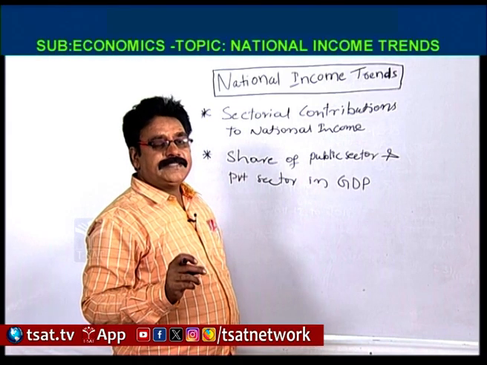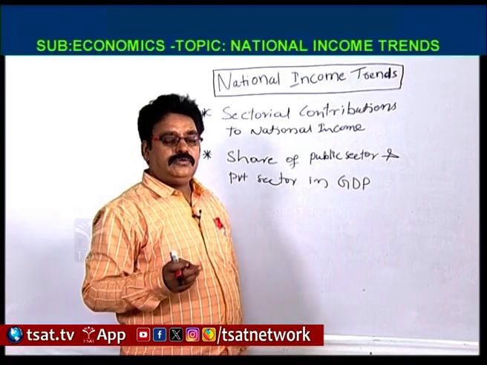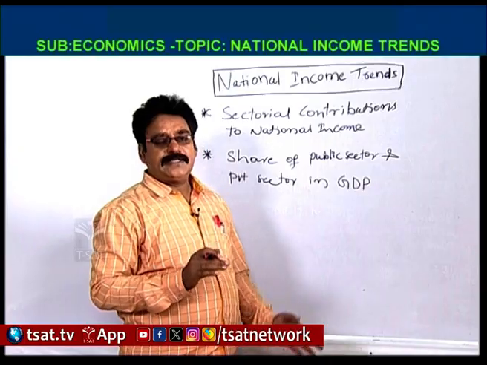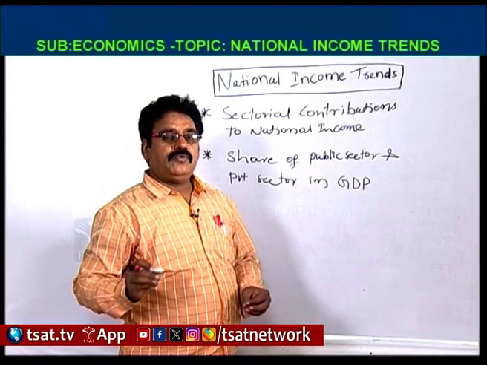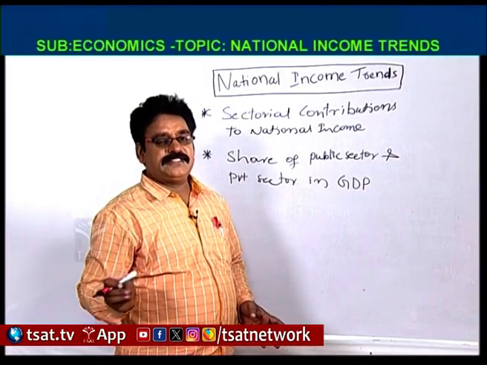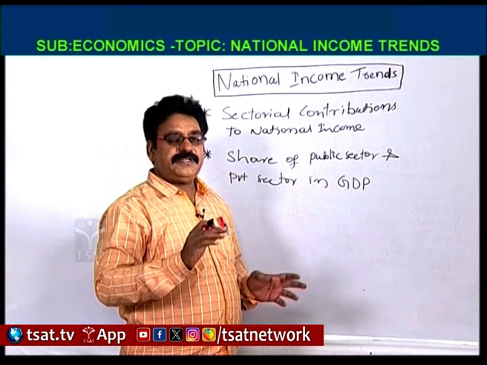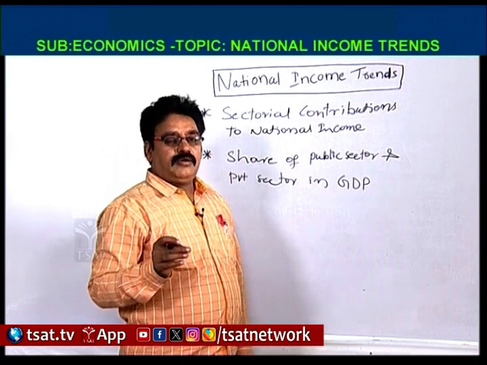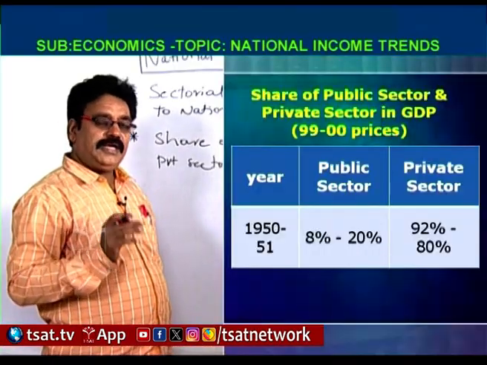Share of public sector and private sector in GDP. Earlier we discussed the sectoral contributions: how many sectors there are in our country, what they provide to the national income, and what part comes from one sector or another. Now we look at the same GDP and how the public sector and private sector contribute.